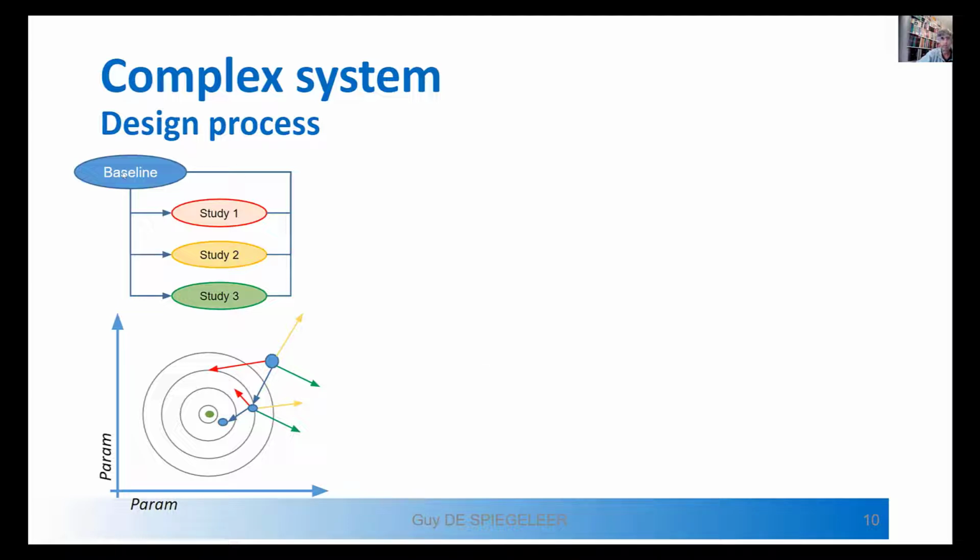In real life, like in an aircraft or in a big system like this, one iteration can last quite long. It can be 3 months, something like this. It's a long iteration. Of course, we have sub-iterations, but the overall, the main iteration, maybe something like 3 months.